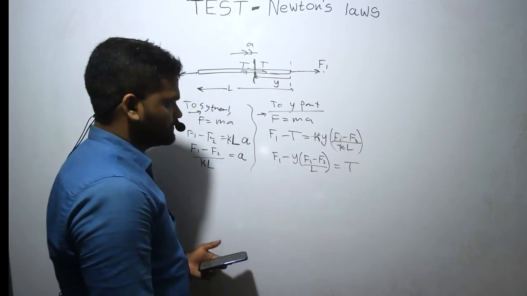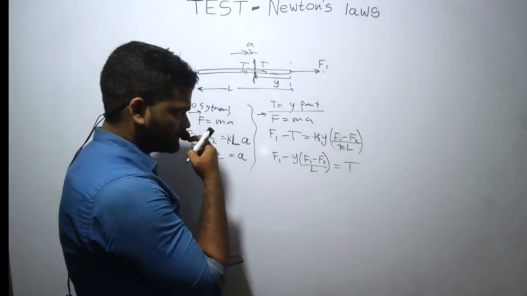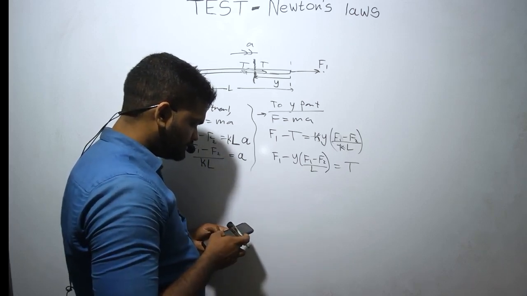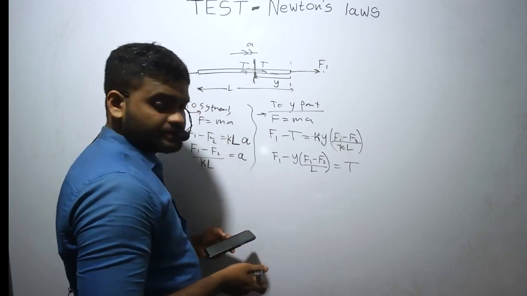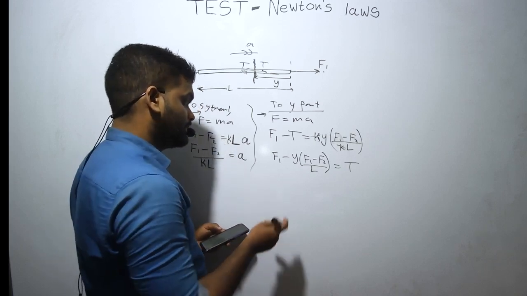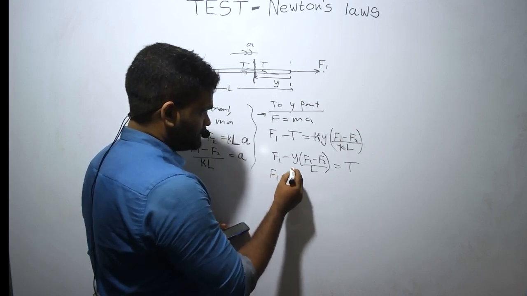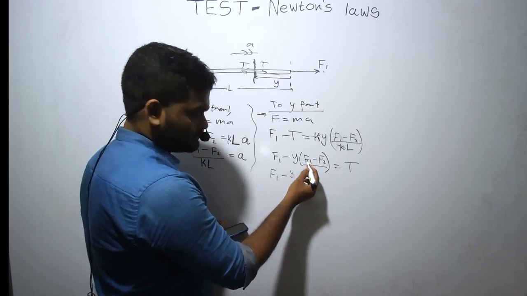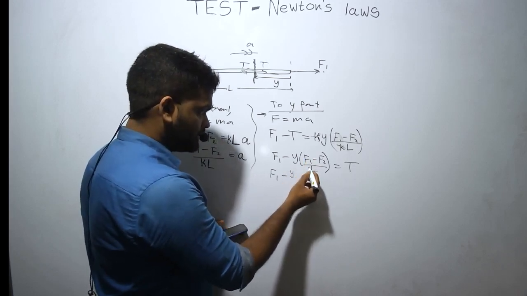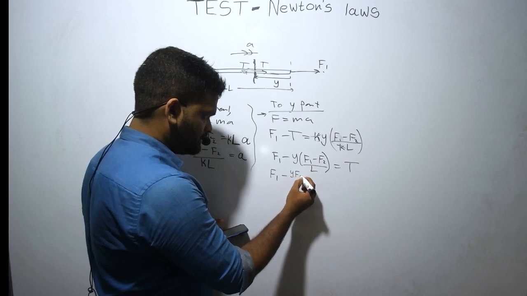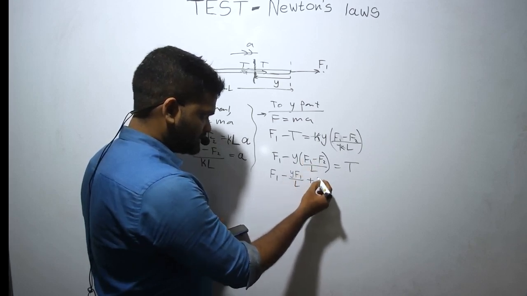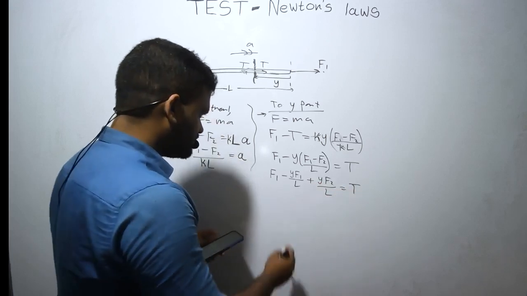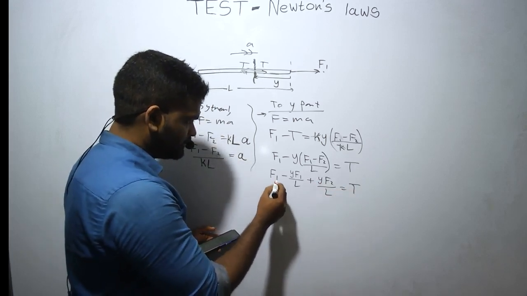Okay, let's see what we can do. You have to form this according to the answers given, right? So F1 minus y F1 divided by L. Just take out the brackets. Minus minus plus, so it is y F2 divided by L equals T. So you take F1 out of these two.